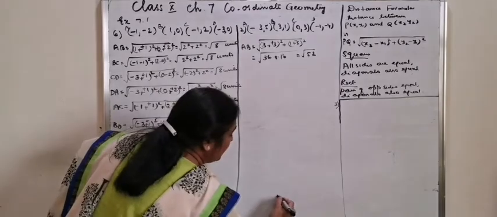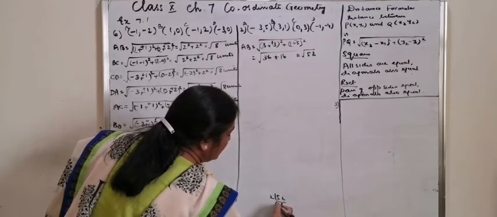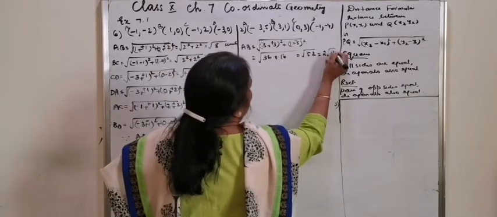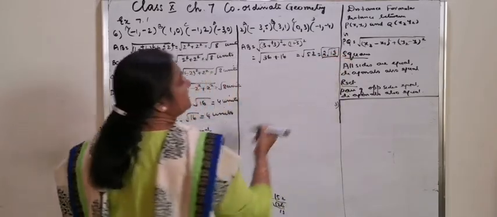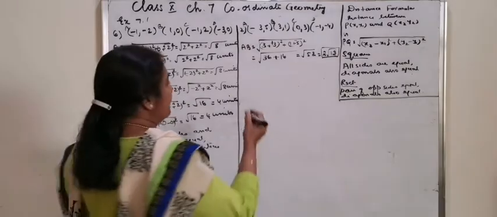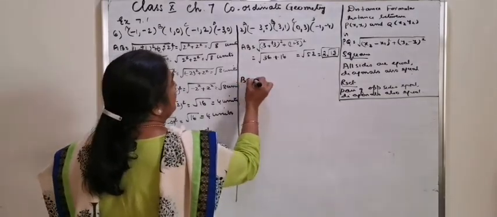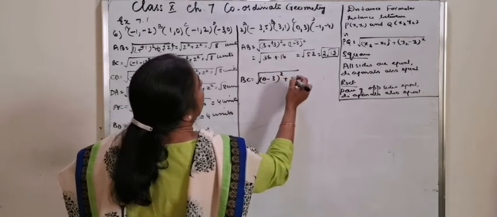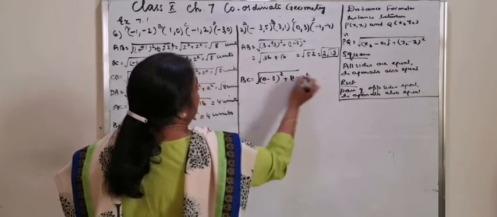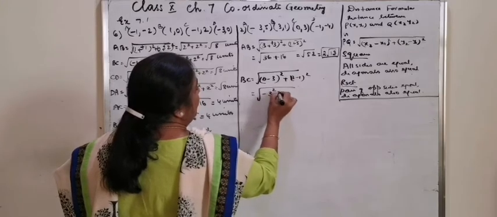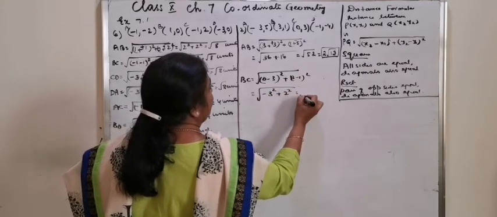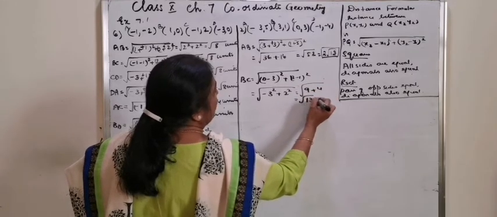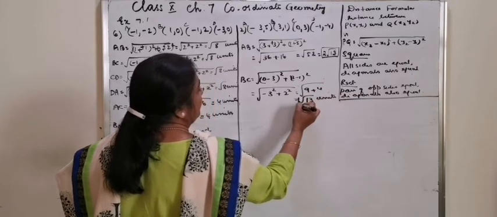Root 52 can be written as 2 root 13 units. BC is equal to the square root of (0 minus 3) the whole square plus (3 minus 1) the whole square, 3 square plus 2 square.